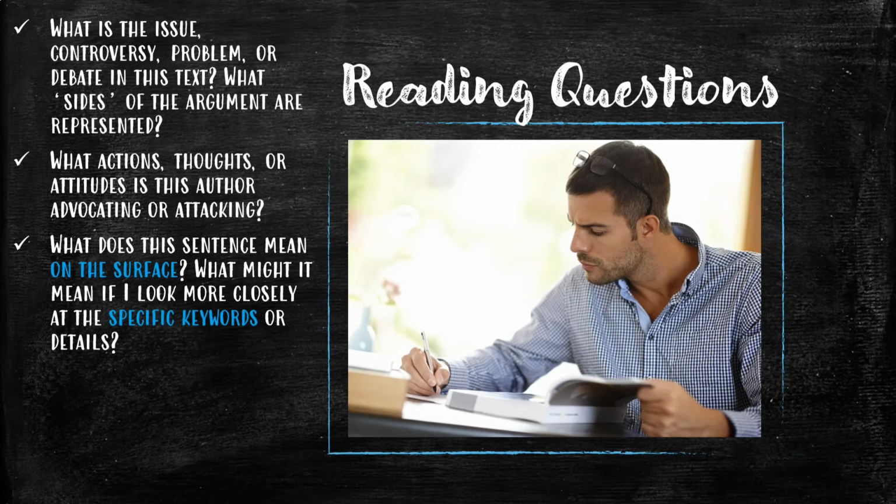So maybe you might highlight a sentence that really stands out to you. And then you might circle specific keywords or specific details that really emphasize one minute detail of this author's meaning. When it comes to writing about the text or engaging with the text, this might be a key quotation that you use to write and respond to the source.